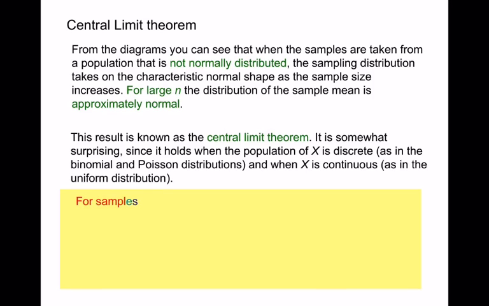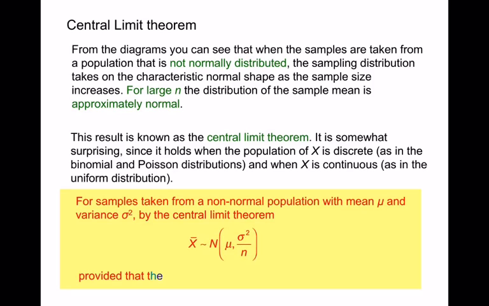So the theorem says this: for samples taken from a non-normal population with mean mu and variance sigma squared, by the central limit theorem, the sample mean will be distributed as normal with mean mu and a variance equal to the population variance divided by the sample size, provided that the sample size is large. The rule of thumb is that n is normally more than 30. This is known as the central limit theorem.